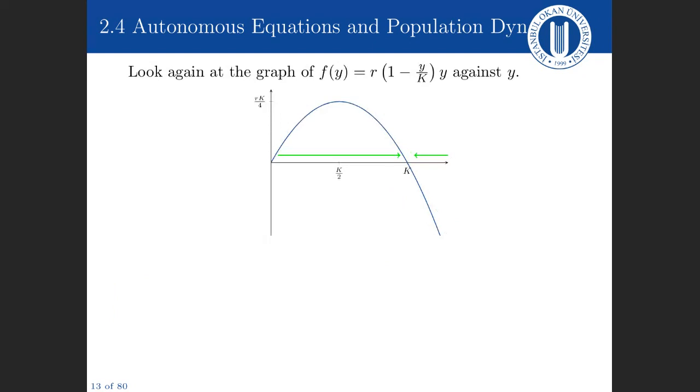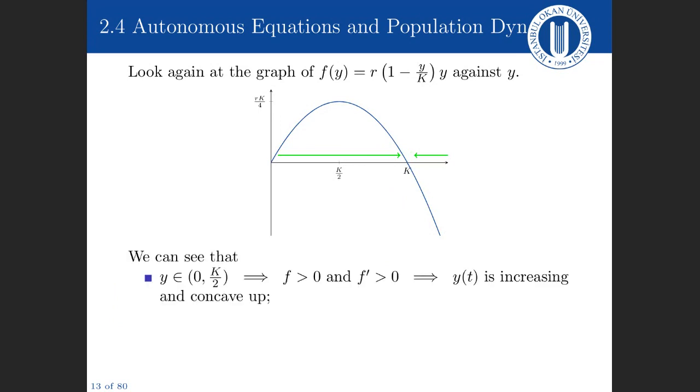Now, let's go back to the previous graph, the graph with green arrows. We can see that on the first part, between 0 and k over 2, f is positive because the graph is above the y-axis, and this graph is going upwards, f prime is positive. So just here, y must be increasing and concave up. Increasing and concave up means the graph looks like this.